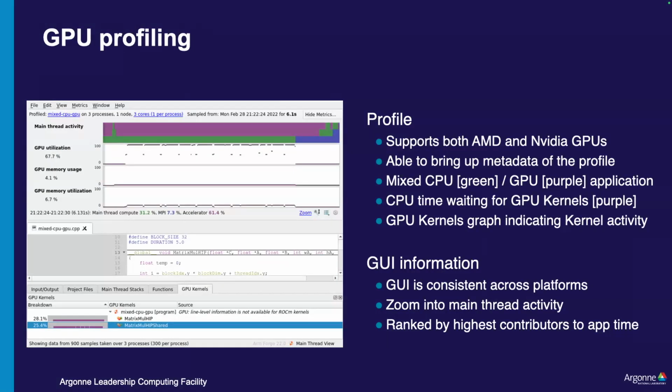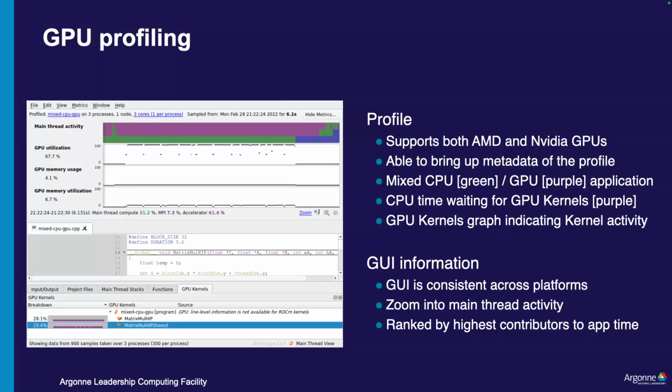So as I said, GPU profiling is purple. The interesting thing here is that purple doesn't necessarily mean time spent in a kernel. It just means that it is CPU time waiting for the GPU, and the GPU could be running a kernel, or it could be doing some setup.